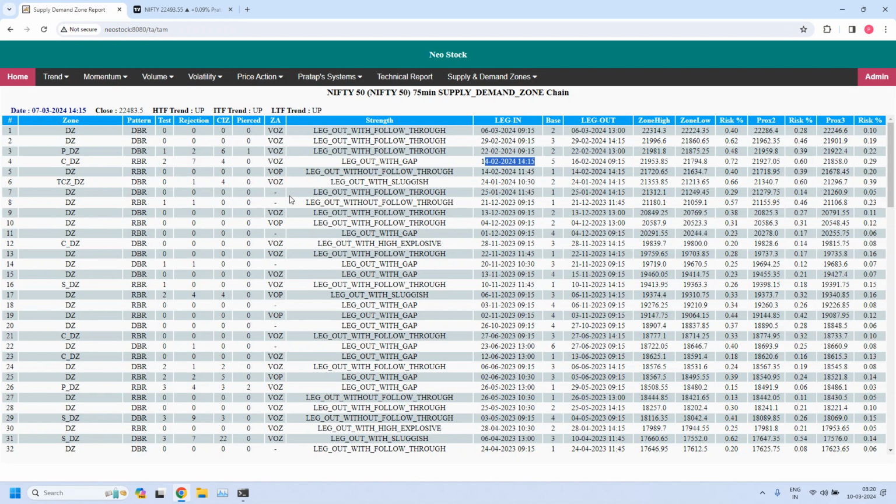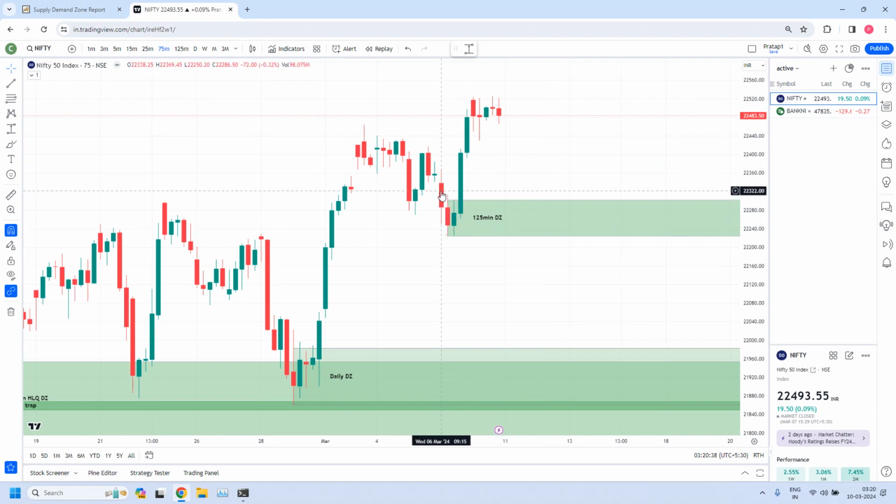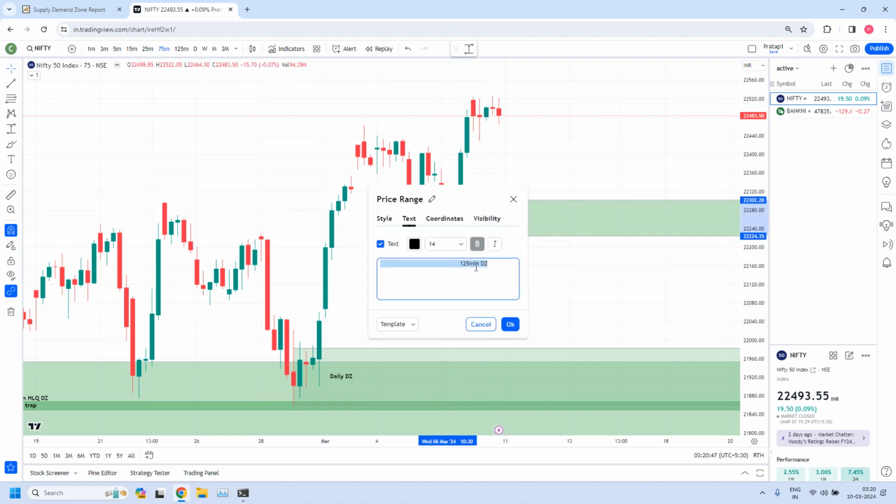What is the normal demand zone here? On 6th morning 9:15, this is the one. These two candles and the rally. That means this is the most recently available 125 min or 75 min demand zone.